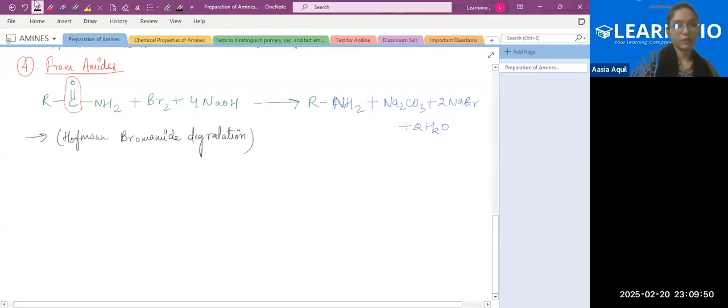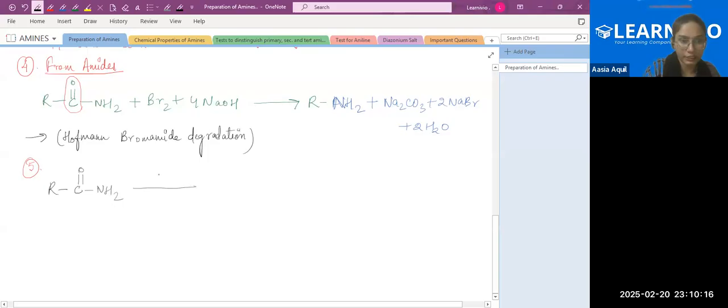Okay. The next preparatory method is your reduction of amides, right? So amide on reduction with, let's take an example, amide, right?